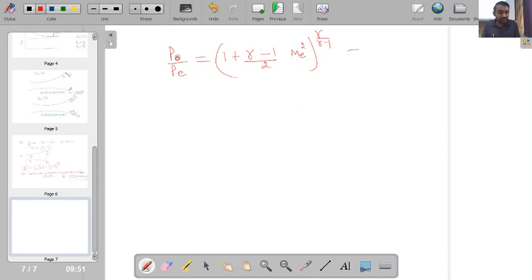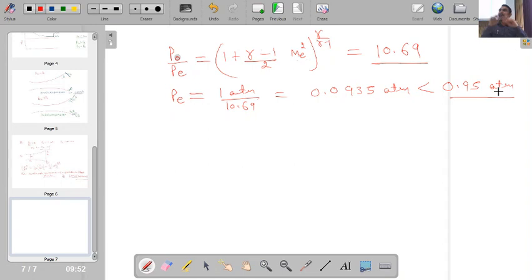So if you calculate this pressure ratio, it comes out to be 10.69. It means that the exit pressure has to be P0 by 10.69. So P0 is 1 atm divided by 10.69, which is coming out to be 0.0935 atm. And what is your given pressure? So it is less than that.